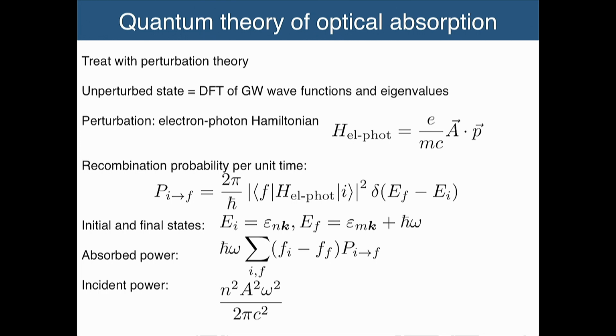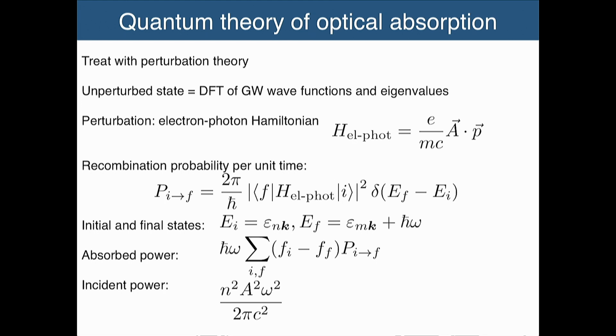Okay. So the way we study optics is we use perturbation theory. We assume the light perturbation is weak. We work in the regime of linear optics, where the field is not too strong to damage the material or cause nonlinear effects. Our starting point is what comes out of a DFT calculation. You may also correct it to get GW corrections to your band gaps, but that will be your starting point. You have a set of initial non-interacting electrons that occupy the quantum orbitals and their eigenvalues.